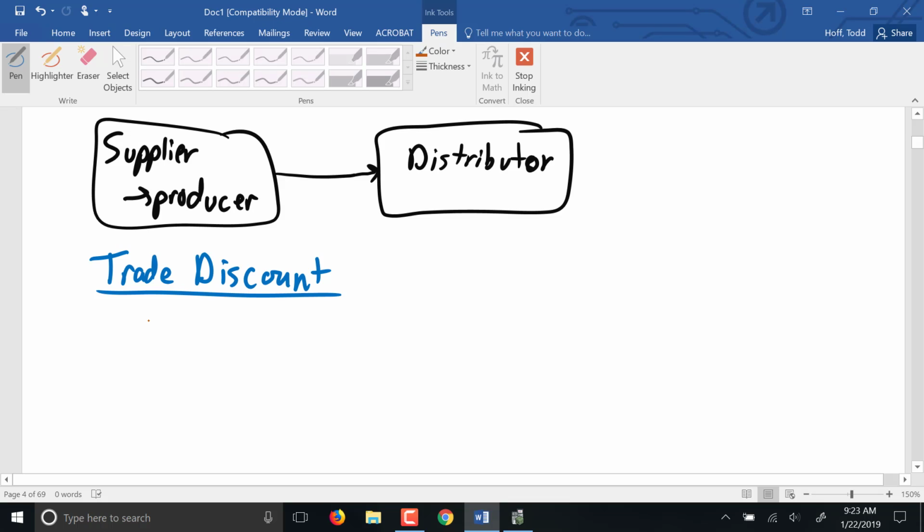So if we have goods that cost $800 and we receive a 12% trade discount.